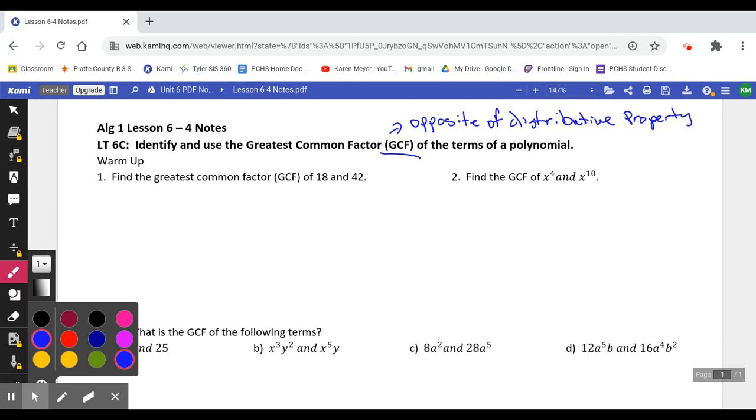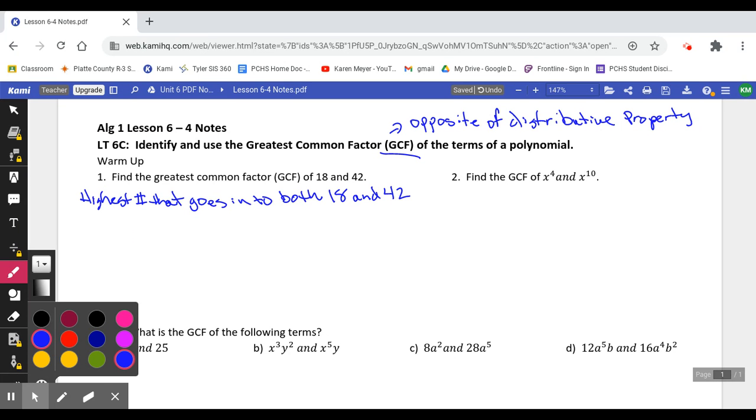So what you're trying to figure out is what is the highest number that goes into both 18 and 42, or if they're different numbers. But anyway, greatest common factor is you're trying to find the highest number that will go into both of them.